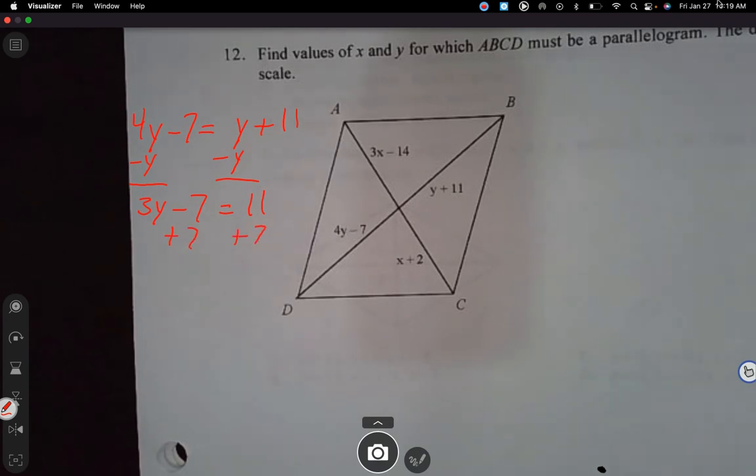Add 7. 3y equals 18. Divide by 3. And we get 6. Yep. Is that what y'all all got? Mm-hmm. Okay. Can I erase this? Yep.